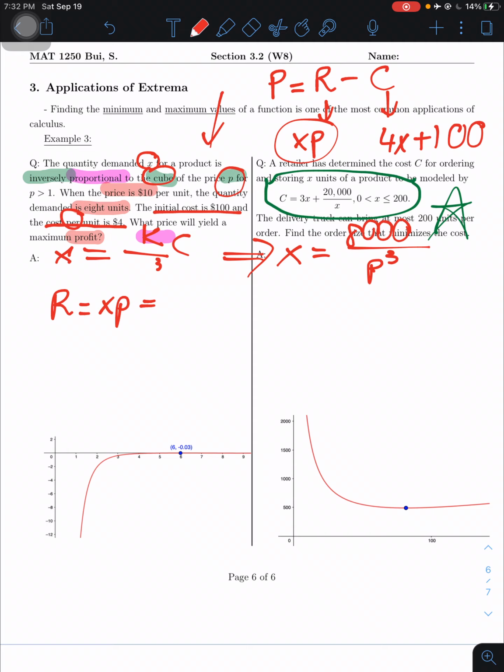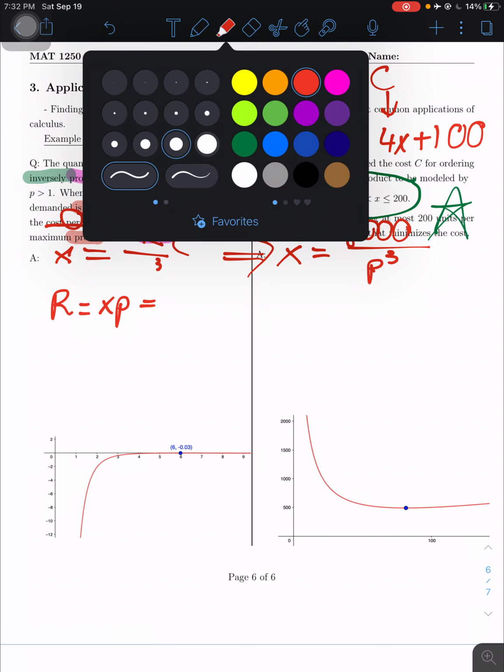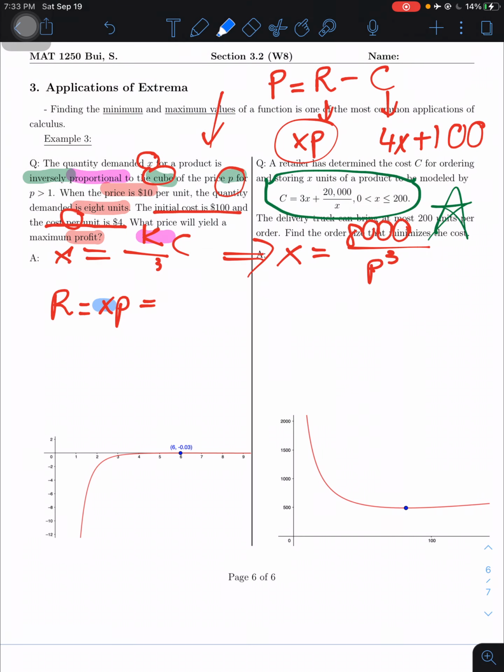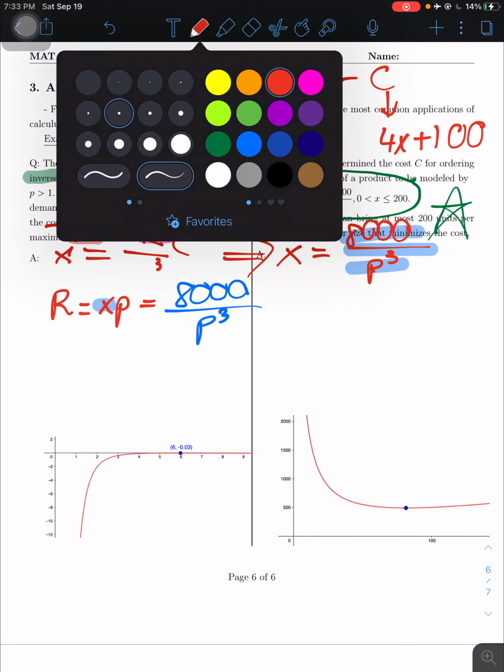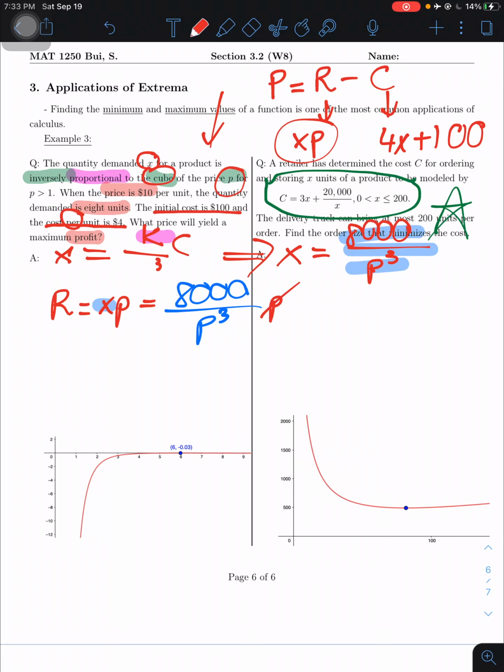If you notice, x in here equals this function, so I'm gonna replace it. x in here is equal to 8,000 divided by p cubed, and I multiply it by the outer p. So 1 of this p will cancel with 1 of this p, and then it gives me a square in here. So in short, it equals 8,000 divided by p squared.